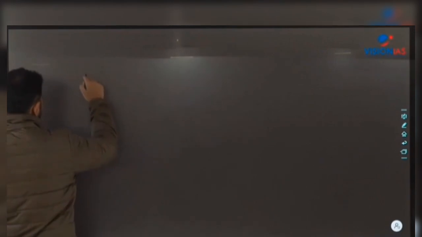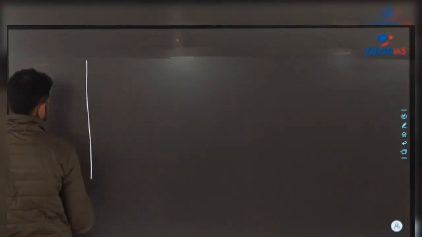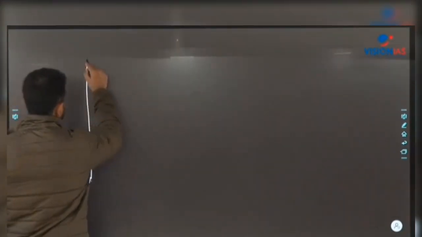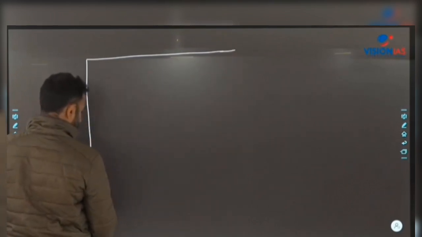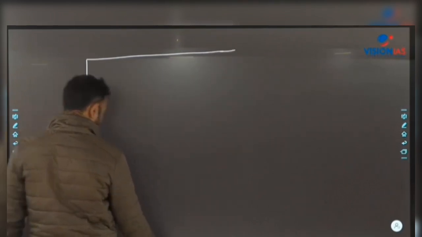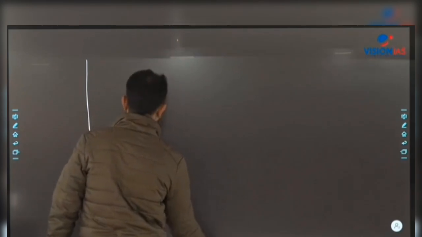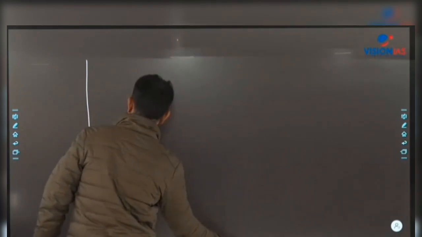So let's draw some reference lines. Overall, of course, we cannot draw the world map in a square, right? Let me just use some shapes which are given here.